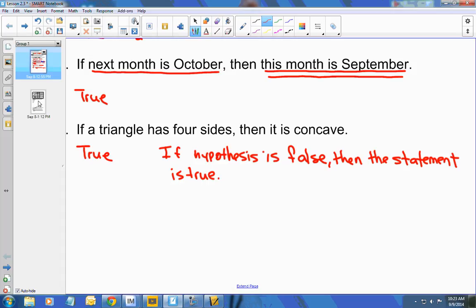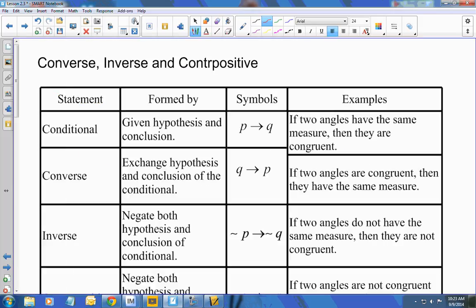Okay, now, we talked about what a conditional statement is. And based on that conditional statement, we can come up with 3 additional statements that use if then. Okay? And this is the converse, the inverse, and the contrapositive. My conditional statement is my given hypothesis and conclusion, and I represent it with if P, then Q. An example: if 2 angles have the same measure, then they are congruent.